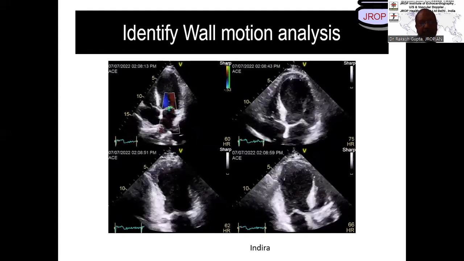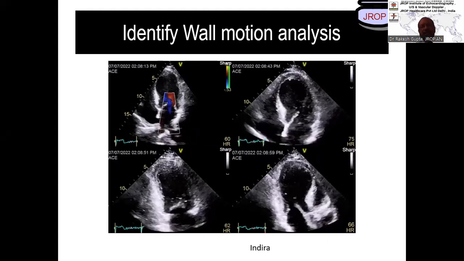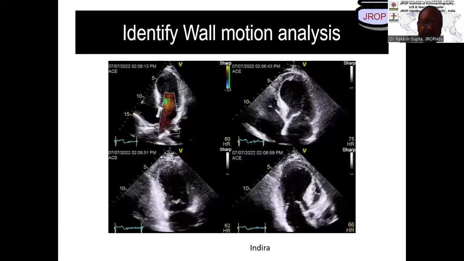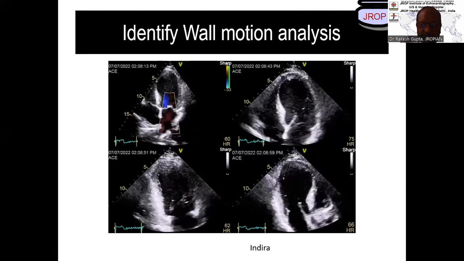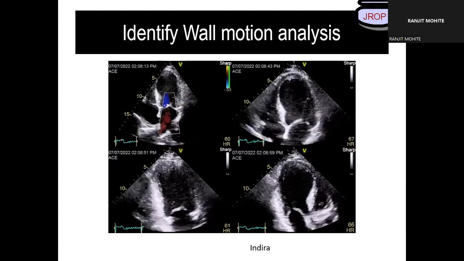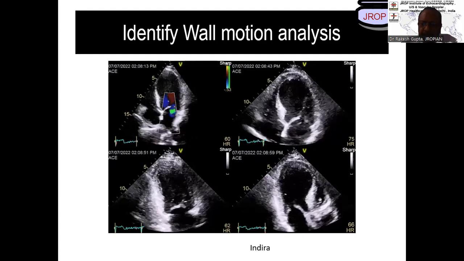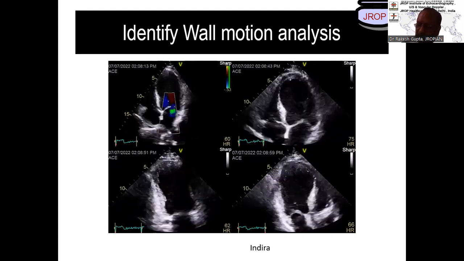But if basal septum, mid septum, basal and mid inferior wall are involved, the ejection fraction is around 45%. Same is true for left circumflex also. That's how we remember all these segments analysis. Good attempt, Ranjit, but you may have to move a little better than this.